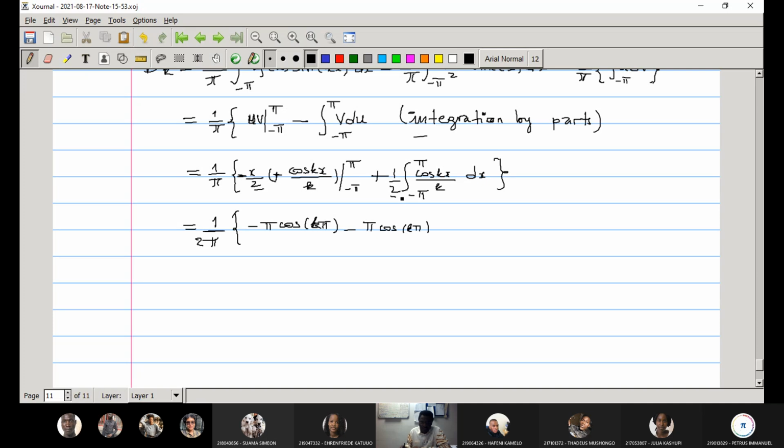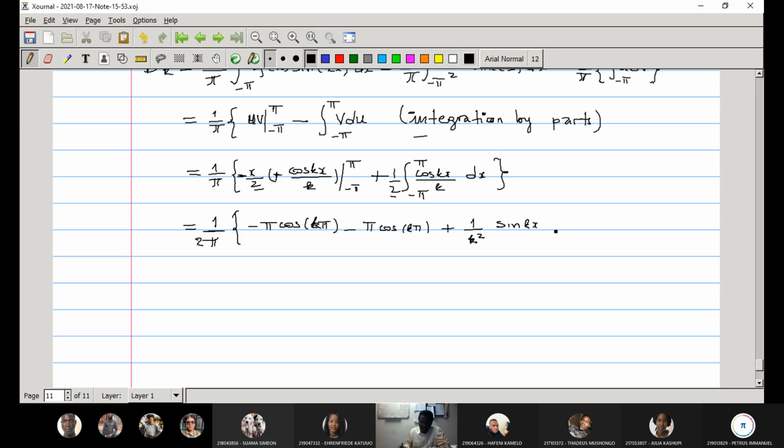Now, for this one, I took the 2 already as a factor here. Now, what is the antiderivative of this? Okay, I can take this outside, plus 1 by k. Now, if I take the antiderivative of cosine kx, it will be sine kx by k.